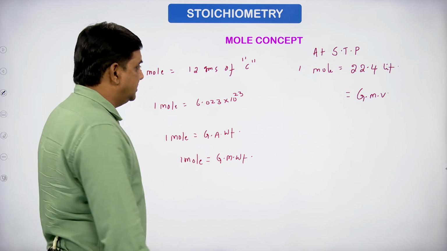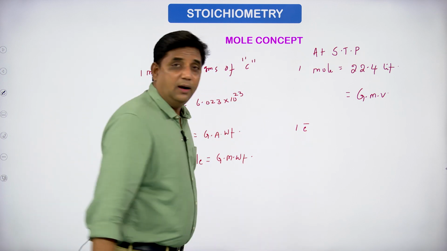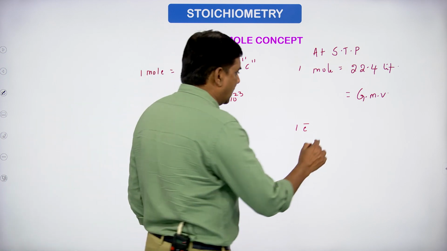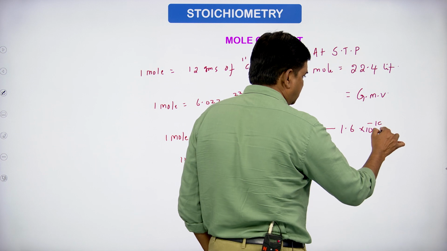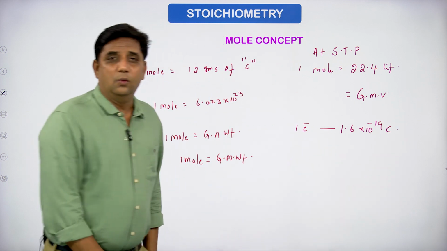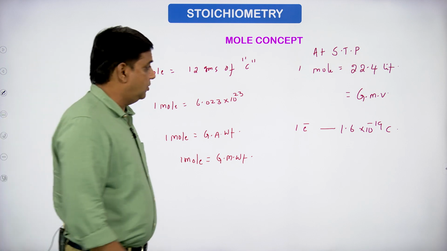Similarly, 1 electron contains a charge of 1.6 into 10 power minus 19 coulombs.